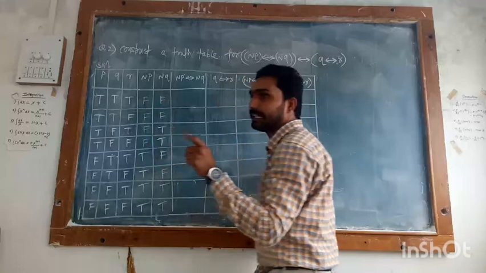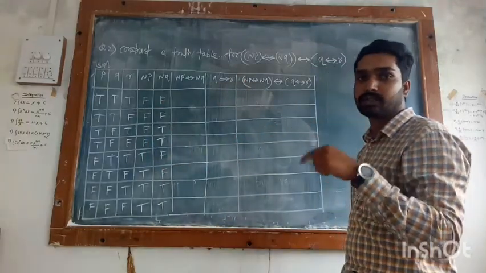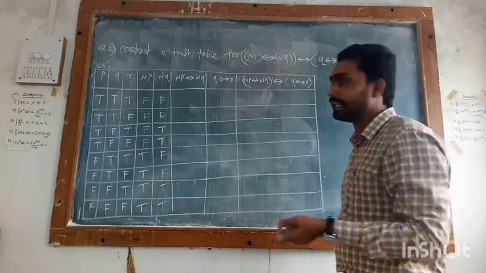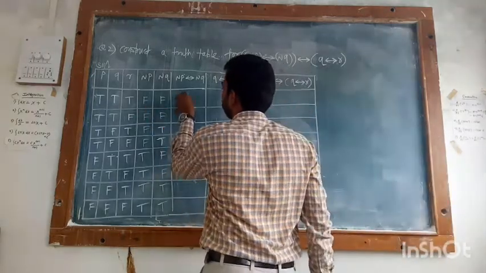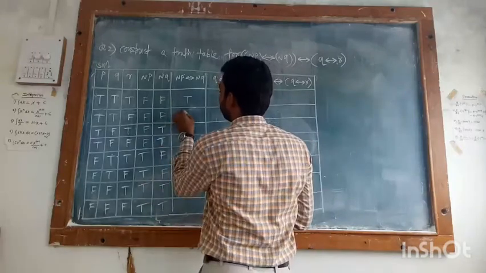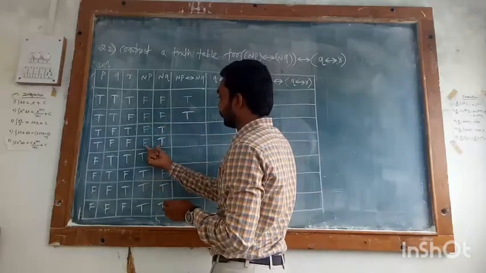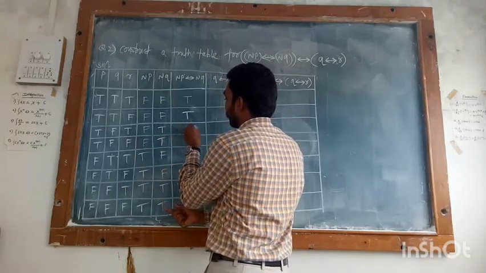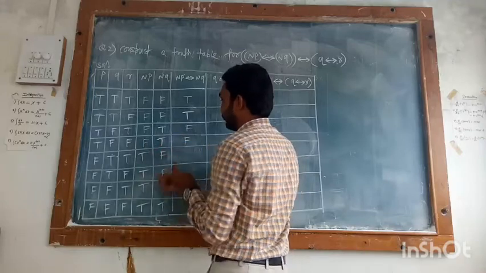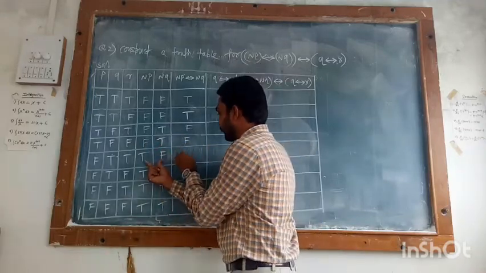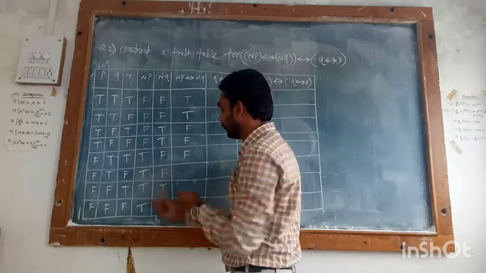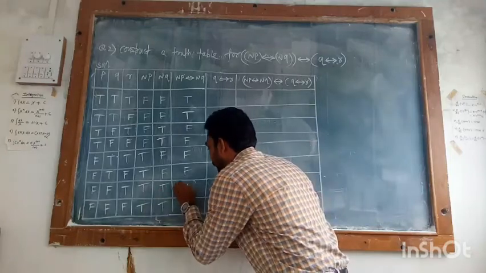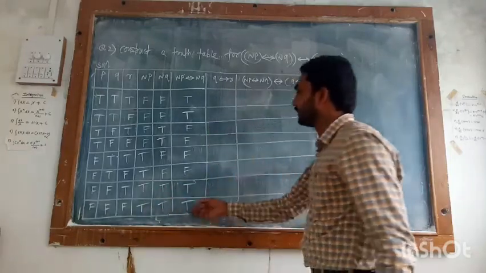If both values are TT or both are FF, then the truth value becomes T. If both values are not identical, then its value becomes F. Here not the same, so F. Here not the same, so F. Here both are the same, so T. Again both are the same, so T.